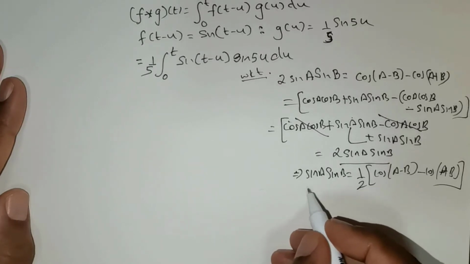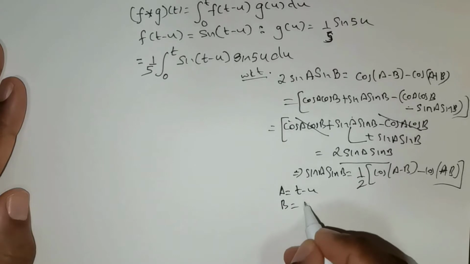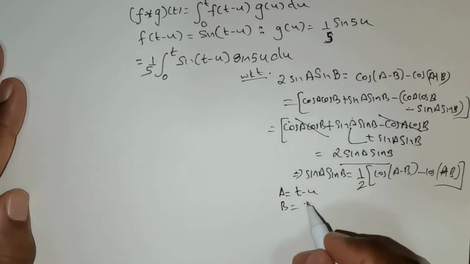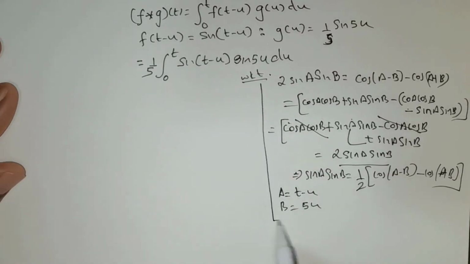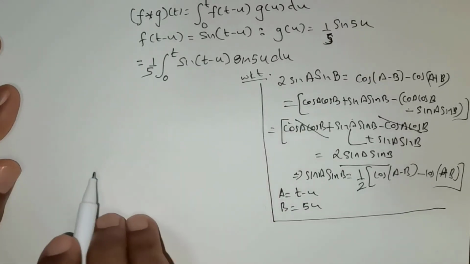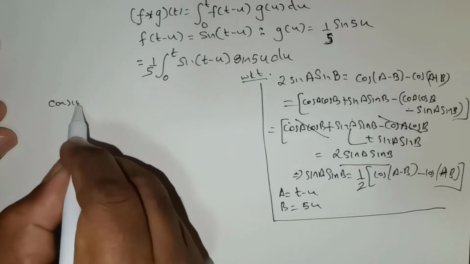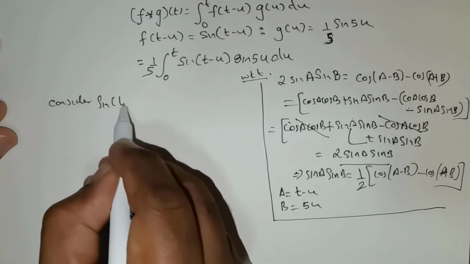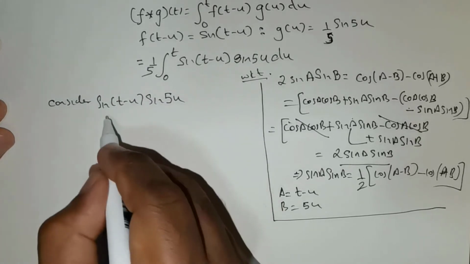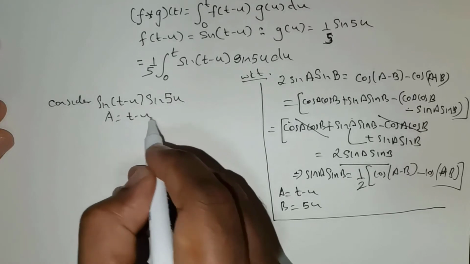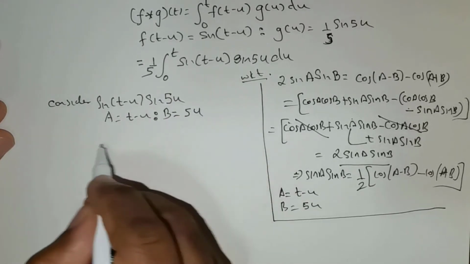But my A is t minus u and my B is 5u here. So if I were to substitute this, all of these things are for your understanding. So therefore consider sine of t minus u times sine of 5u. So A is t minus u and B is 5 times u.